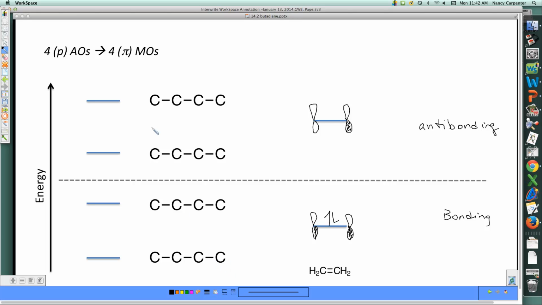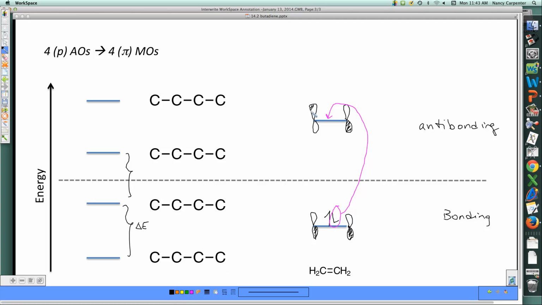In other words, as we come up with more and more of these multiple center molecular orbitals, the energy level between the molecular orbitals gets smaller and smaller. So you'll remember in UV, we talked about promotion of an electron from a pi molecular orbital into a pi star molecular orbital.